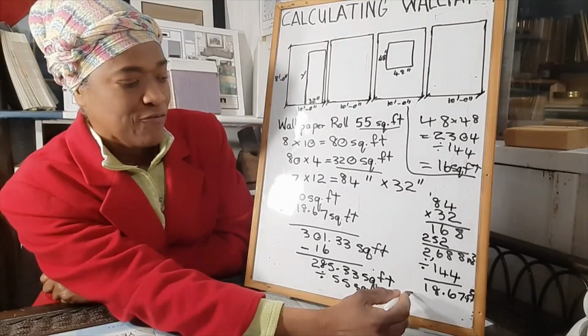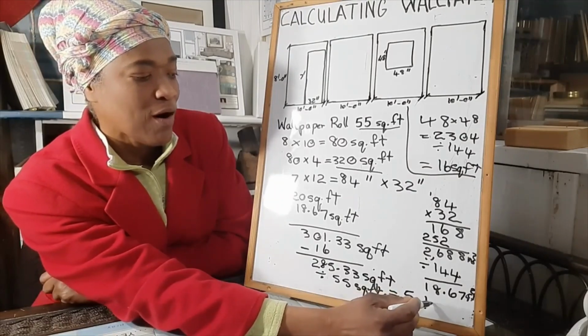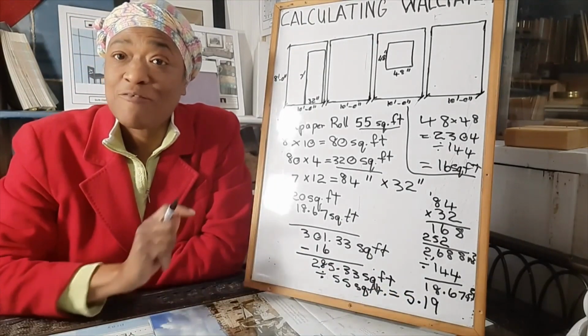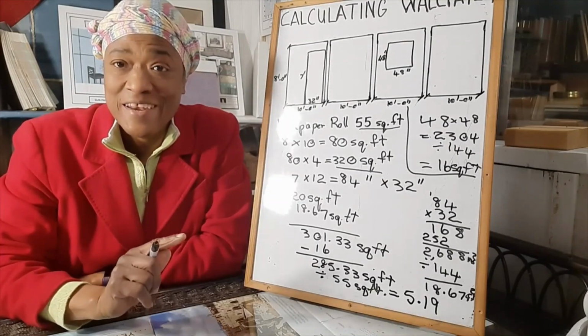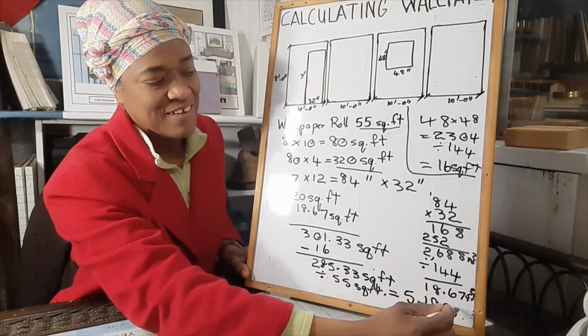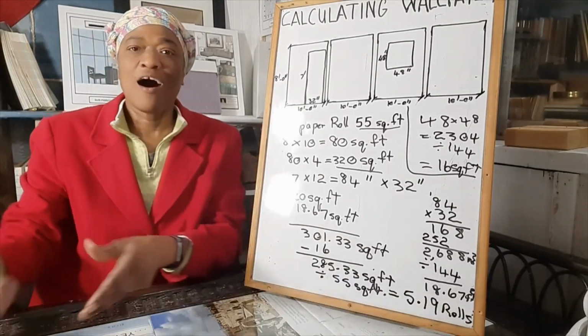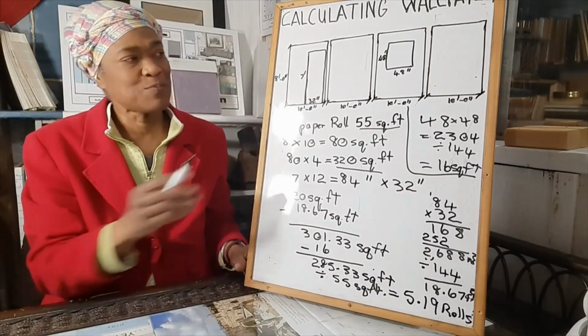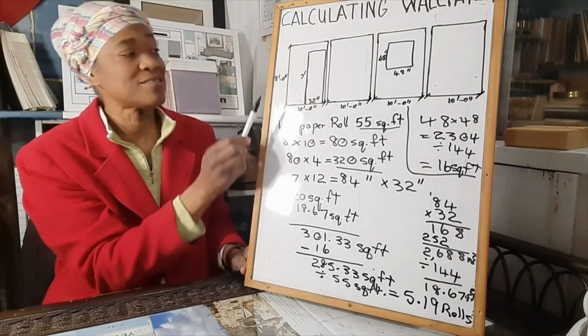That equals 5.19. Therefore, you will need 5.19 rolls of this wallpaper to cover your space, the walls in your space.